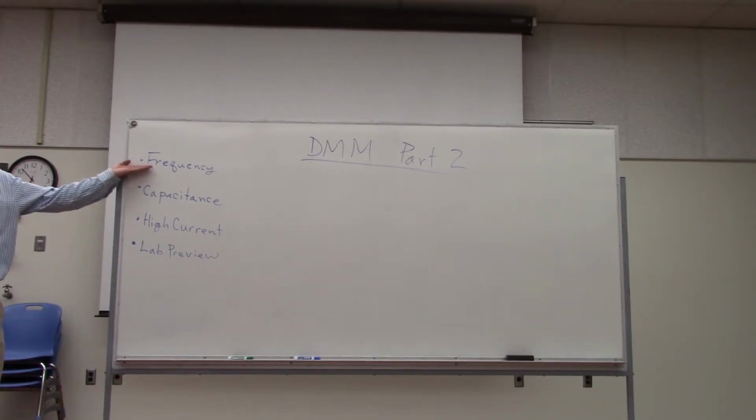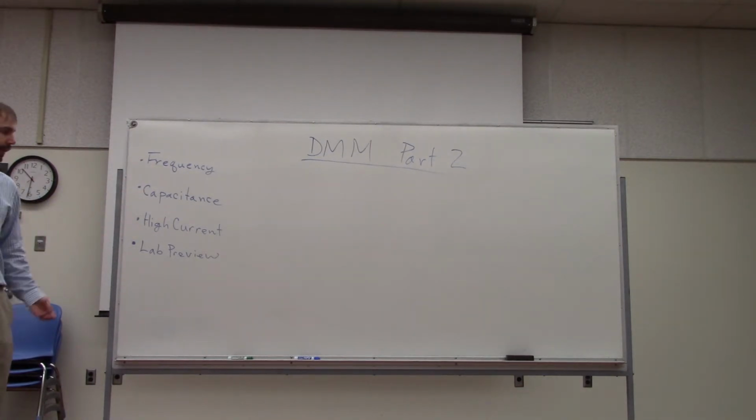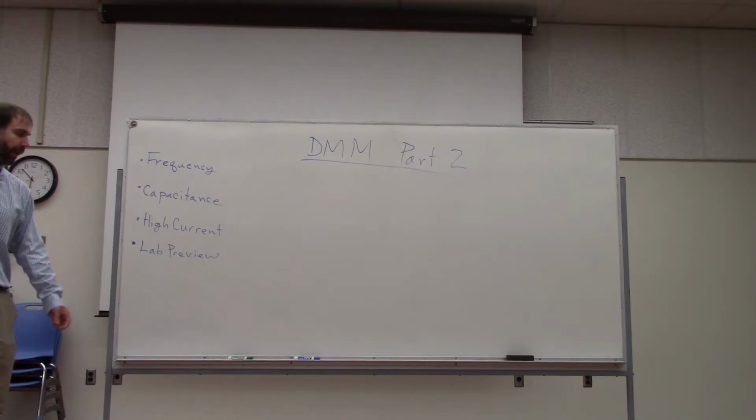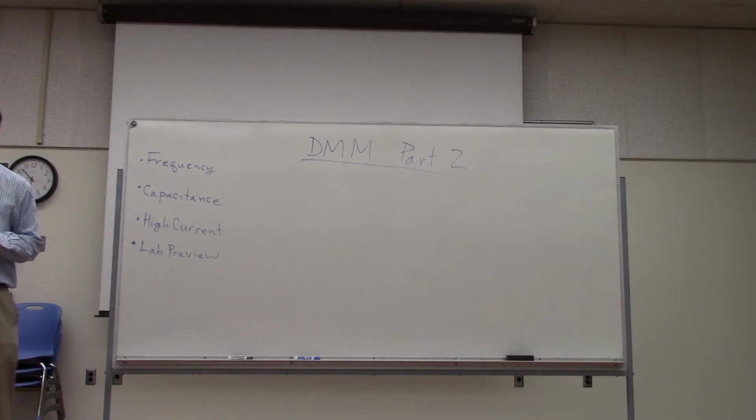So we've talked a little bit about frequency, a little about capacitance, and a little bit about high current and what those are. So let's talk a little bit about how we're going to measure those things with the multimeter in our lab, okay?